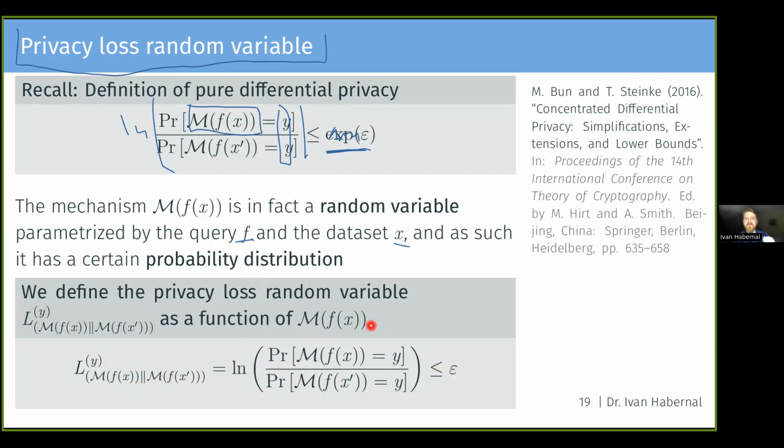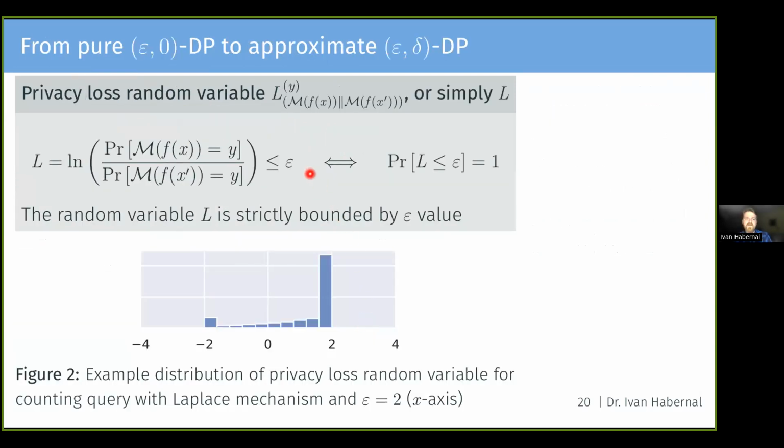Maybe we can have a look at one example of the privacy loss random variable, how it behaves. So again, I'm repeating here this definition of privacy loss random variable. And here, what we see is that this privacy loss random variable is always bounded from above by this epsilon, by the privacy budget.